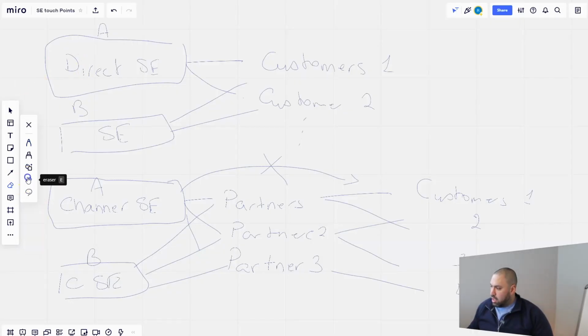On the other hand, you might be working with a smaller VAR, value-added reseller, who may not have all the information, or they don't have the capacity to be consultative like Deloitte, where at that point a channel SE could potentially connect directly with the customers, but the sale would go through the channel. So there's a kind of hybrid role where you can be in between, but in most cases the channel SE is not actually working with the customers directly, they're going through partners.